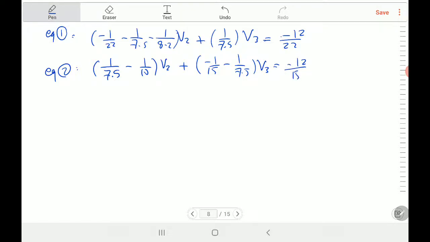So we got two equations in two unknowns, V2 and V3. You solve it by matrix, or simultaneously, whatever, but first simplify this and make sure that you did the right substitution. I'll give you the answer now to check your work. V2 will be equal to 3.87 volt, and V3 will be equal to 4.646 volt.